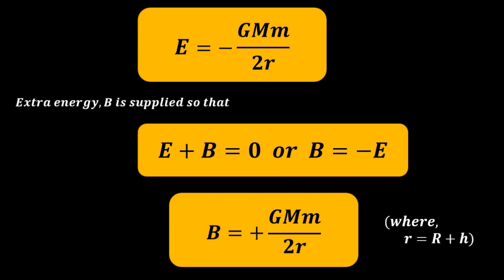Opposite in nature. Here work is done by the gravitational force, here work is done against the gravitational force. This energy is utilized to keep the satellite in its orbital path, work done by the gravitational force. This energy is utilized to free the satellite, to take it away from its orbital path, and the work is done against the gravitational force. Okay, so this is the thing.